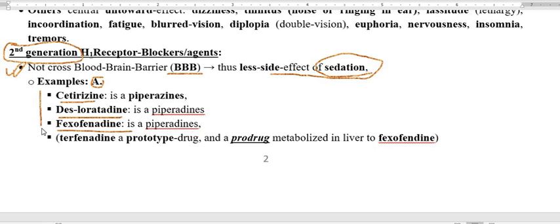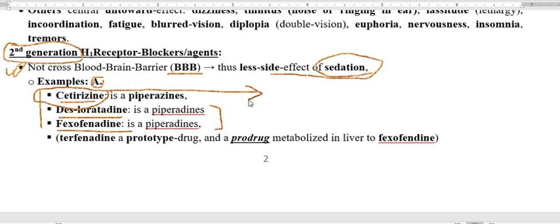Desloratadine and fexofenadine belong to the same group, piperidines, whereas cetirizine belongs to piperazine, and cetirizine is one of the most usable drugs as an anti-allergic drug.